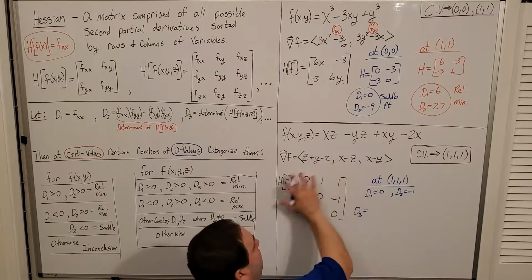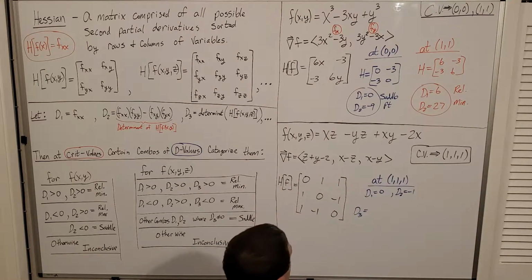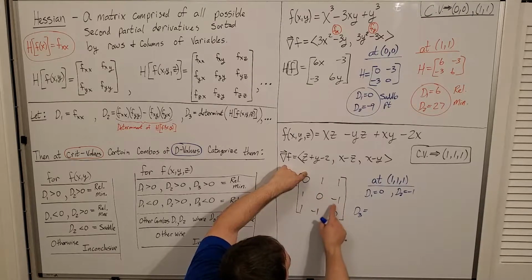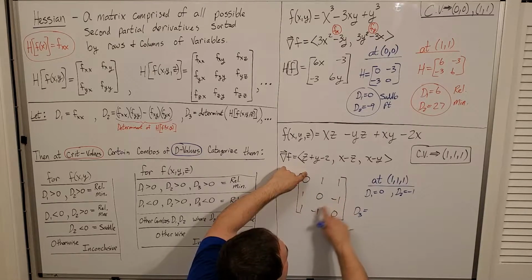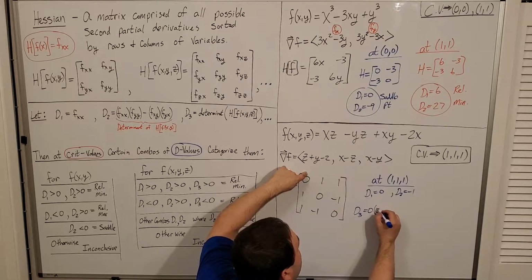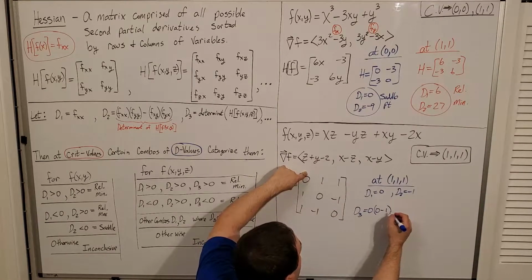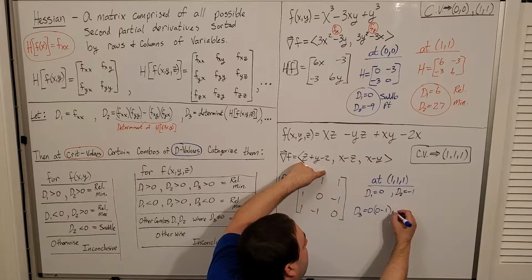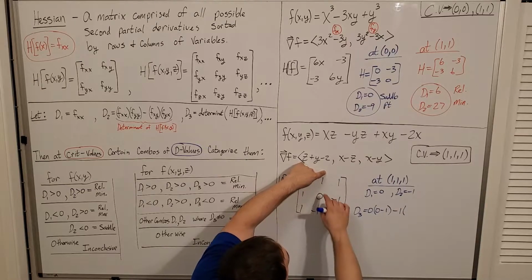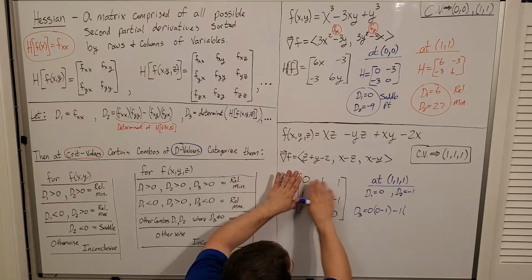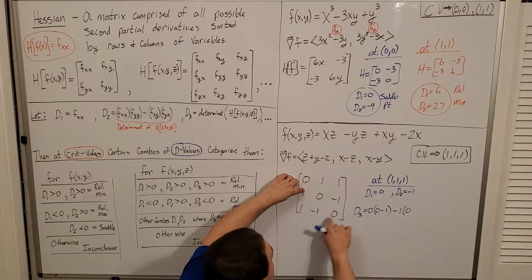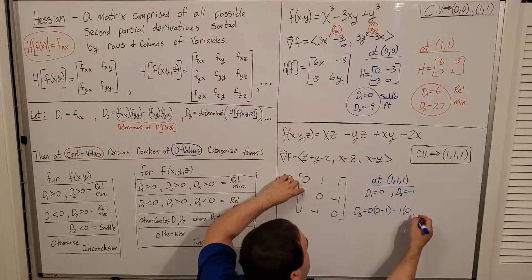D3 is the determinant of the whole thing. Okay, so we'll go ahead and just do it by the cofactors here. I've got the cofactor 0, and then I've got to do this little determinant down here. That's 0 minus 1. So 0 times 0 minus 1. Next element is 1, but I've got to do minus because they alternate. So minus 1 times. That would be this determinant here where you block out the row and column. That would be 1 times 0, 0, minus negative 1, right?